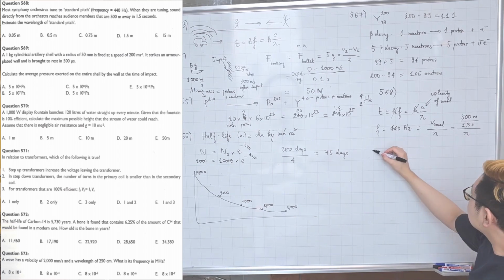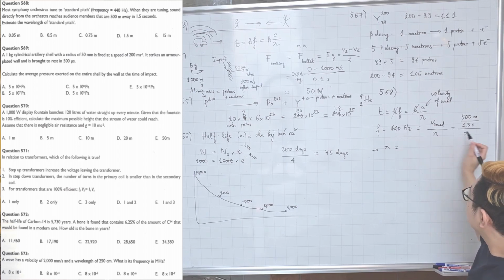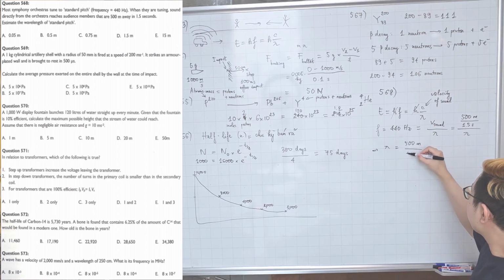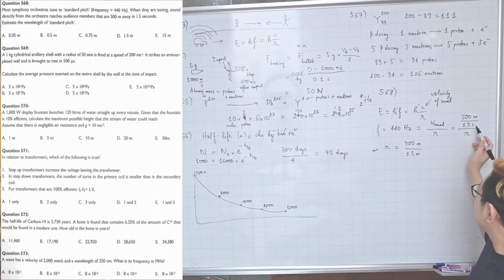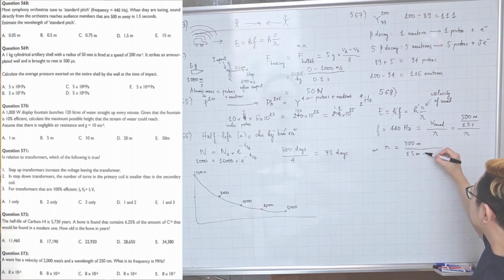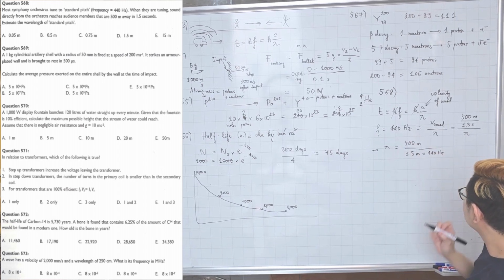So lambda equals 500 divided by 440. Này rớt xuống, này đi lên. This one comes up, this one goes down.